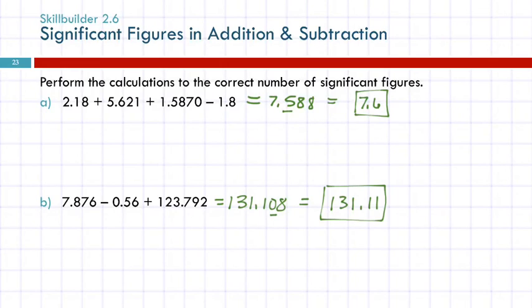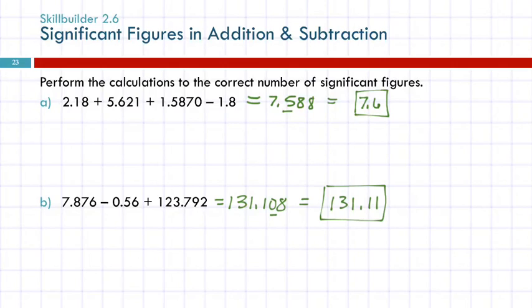Questions? Yes? So this might be kind of stupid. If the first one were to say that the last number is 1.80, then you have 3 significant figures, but since you're adding and subtracting, it's only the decimal places. Okay, so when it says perform the calculation to the correct number of significant figures, but you're adding and subtracting, do you still go by the number of decimal places?